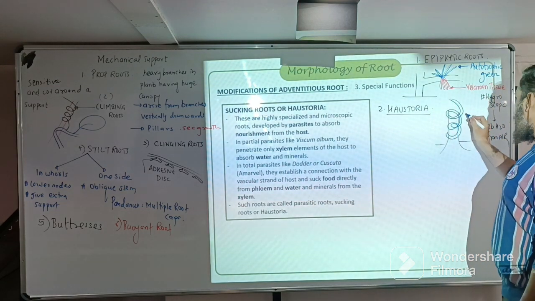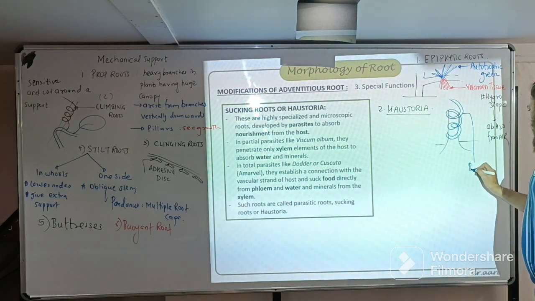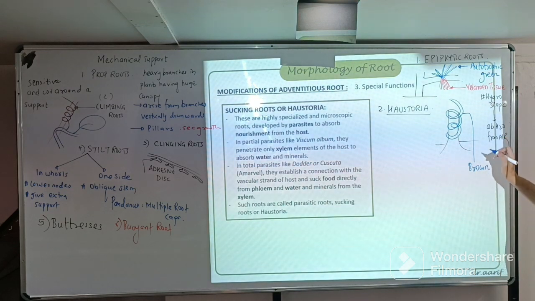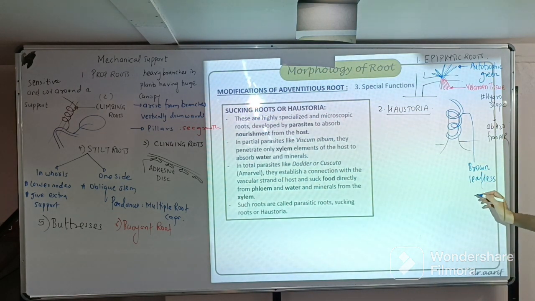What is the color? Brown. So will it be able to do photosynthesis? No, sir. Does it have leaves? No, sir. So it is leafless. And the name of this plant is Cuscuta. And in English it is called dodder.